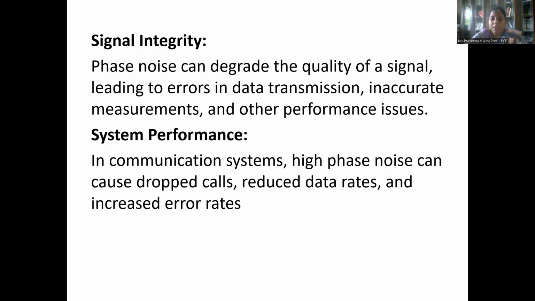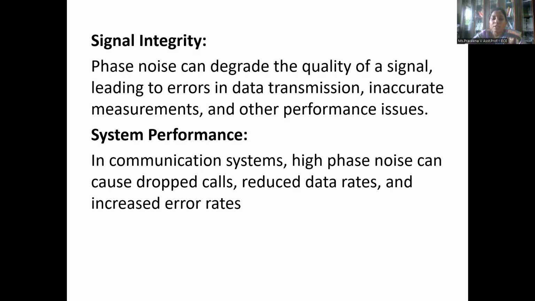Generally, in a communication system, high phase noise reduces overall system performance by increasing the error rates and lowering the data rates. So we have to consider these parameters, right? In a radar system, phase noise can reduce the ability to detect weak targets, and it can distort the accuracy of the received radar signal.